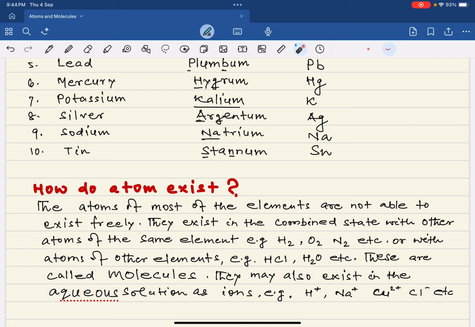It means atoms exist in three different manners: freely as atoms, or in compounds where two similar atoms are combined, or where two dissimilar elements are combined, or they also exist in the form of ions. So, the atom is a very important part.